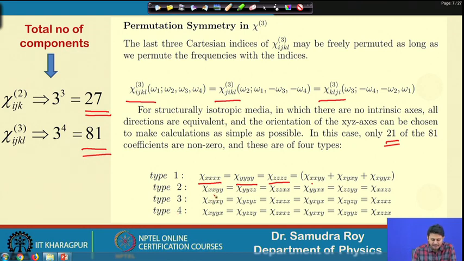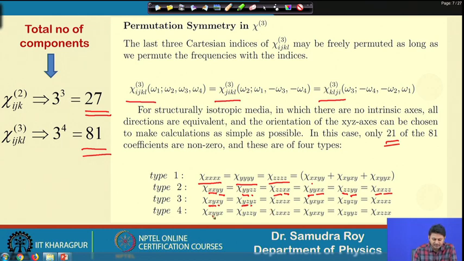So, one type is where 2 components XX and YY are sitting side by side, like YYZZ and ZZXX, and then again XXYY, XXZZ, YYXX, ZZXX. All these components are the same. Again there are some components XYXY, YZYZ, these are again of type 2, they are the same.